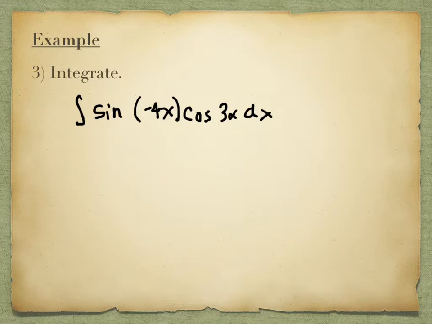Now, you can deal with these exactly like they are. That is to say, you can work with the negative and let the negative be in there. I'm actually going to pull the negative out in front, and I can do that because if you remember the trig identity sheet I gave you, there's an even-odd identity on there that says that sine has the property that the sine of negative the angle is equal to negative the sine of the angle.